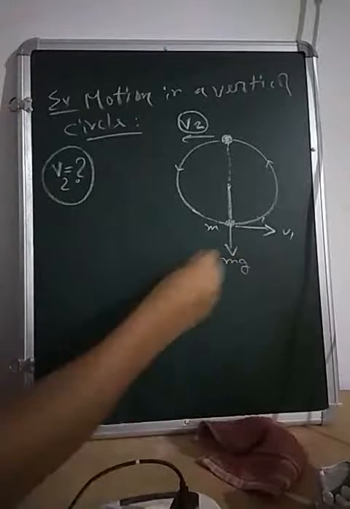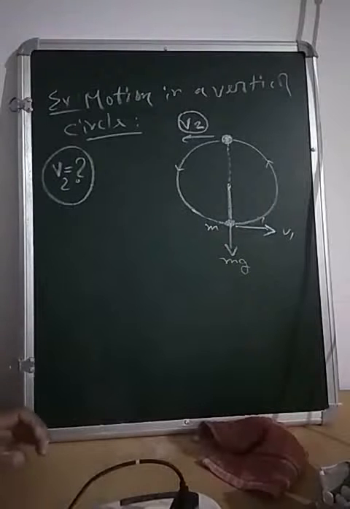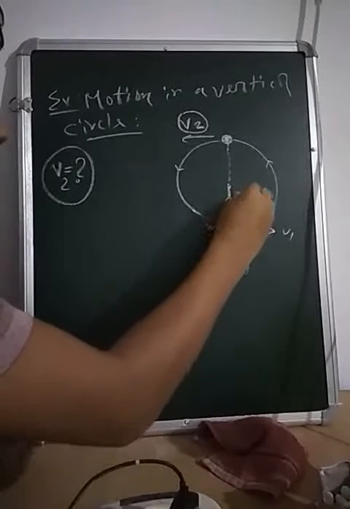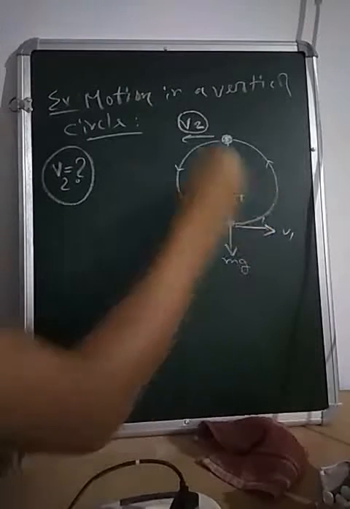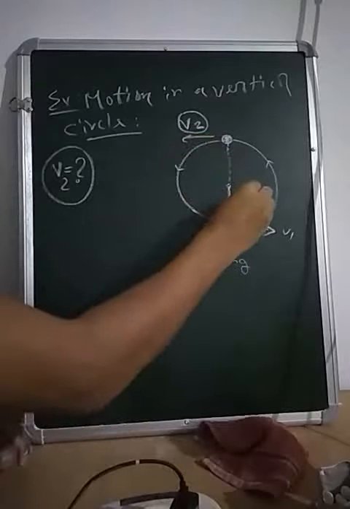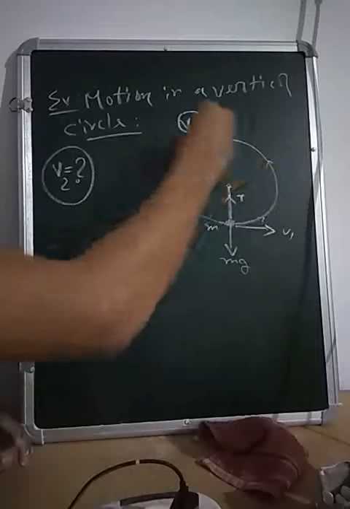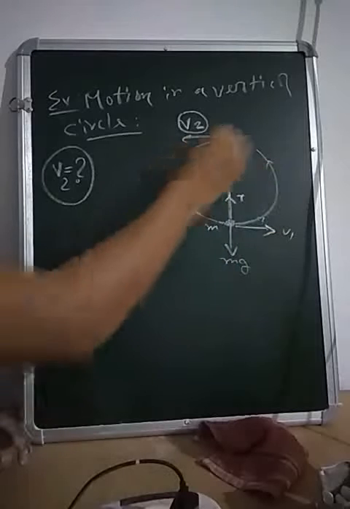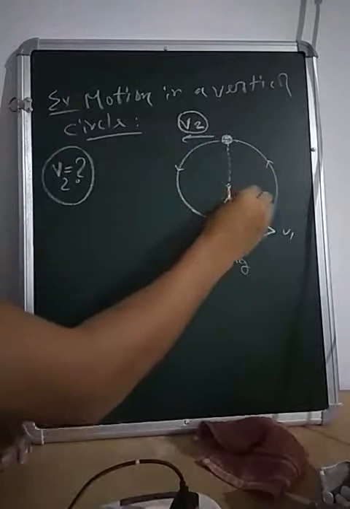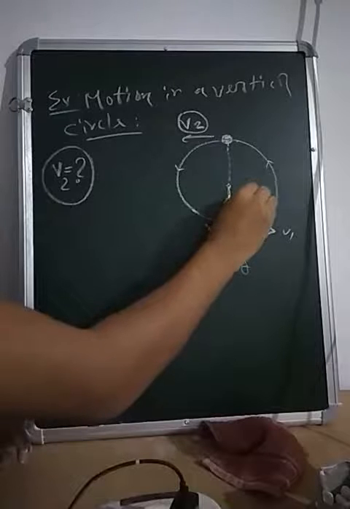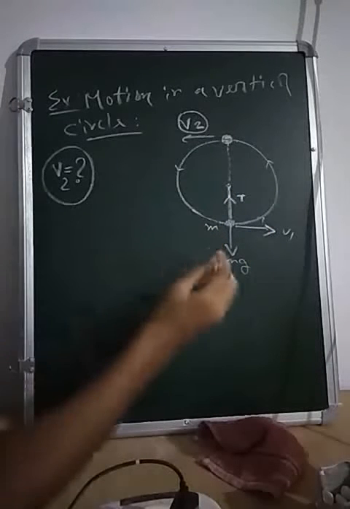Now the next force is the tension force, this pulling force towards the center. This is the cause of centripetal force. Due to this tension it can rotate in a circular path. So this tension is the cause of centripetal force in this case.